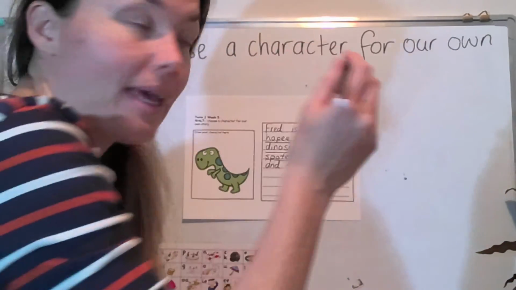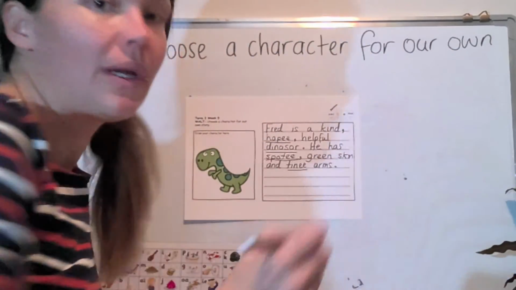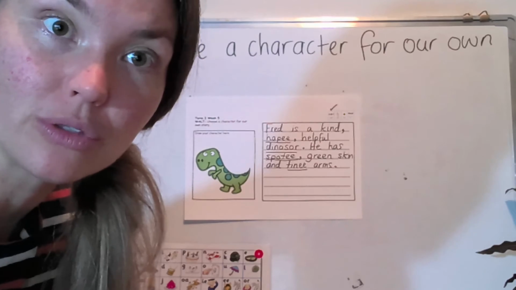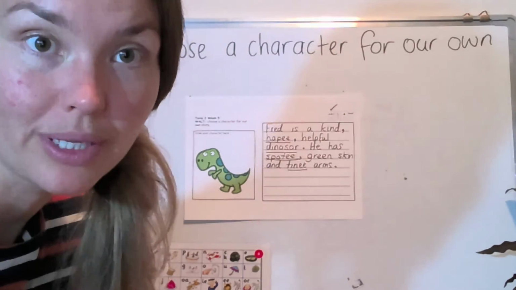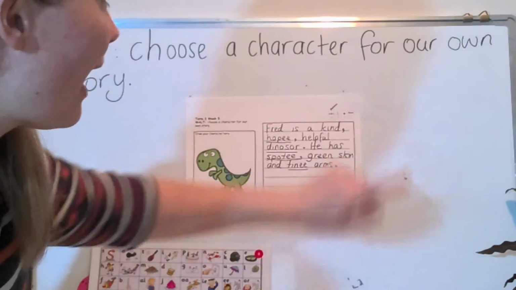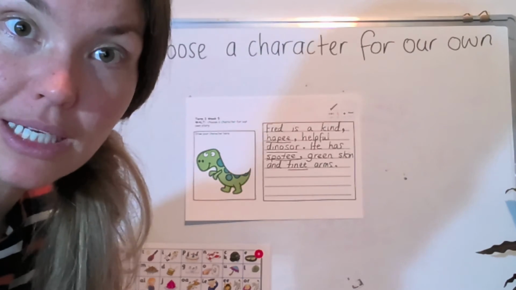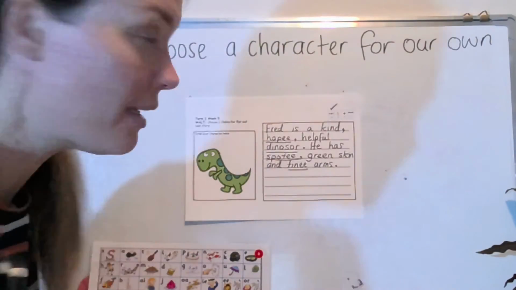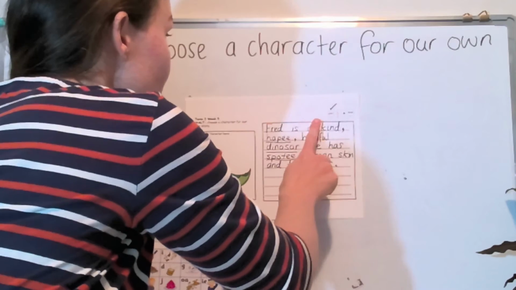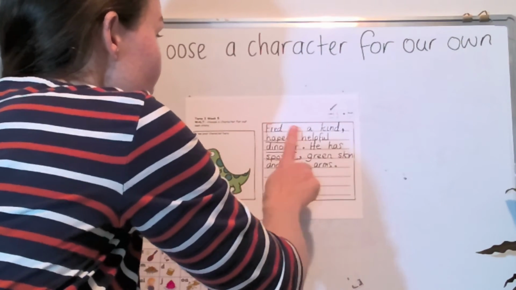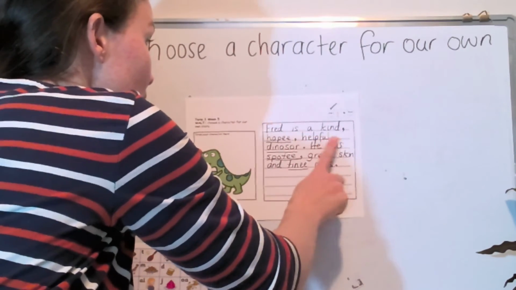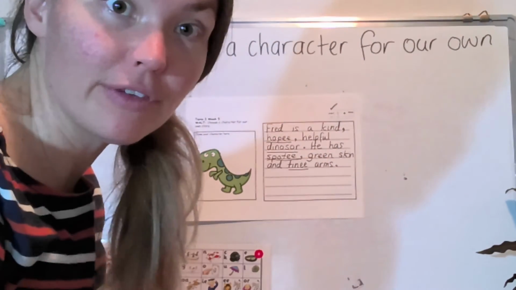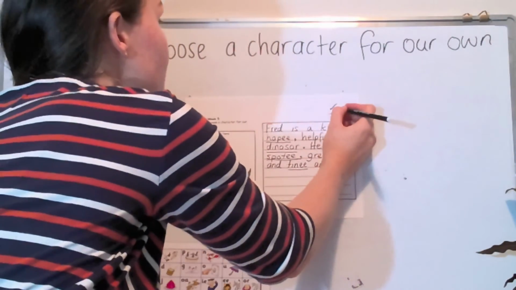So I'm going to tick that like this. And this is what I expect you to do as well, children. Tick your rule kit. Have I used a finger space between each word? I can check using my finger. Fred is a kind, happy, helpful. Yes, I have used finger spaces.